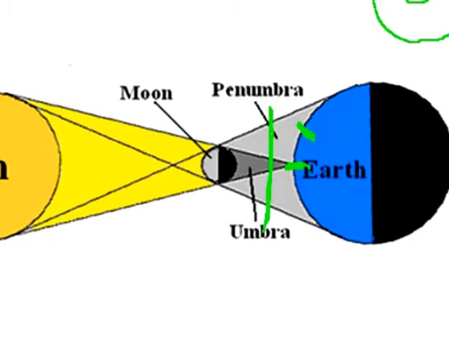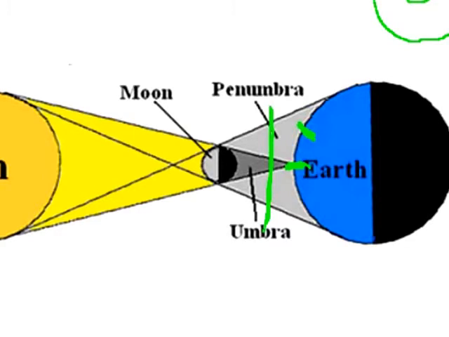So if you're standing here, when the shadow comes across, you're only going to see a partial eclipse. If you are standing here and the shadow comes over you, you're going to see a total eclipse.